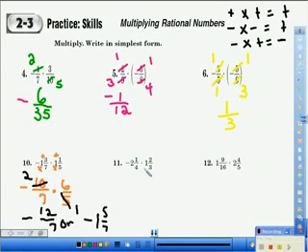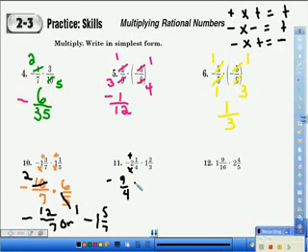We see here we have mixed numbers. We say you must change them to improper fractions. And we see that's negative, so it would remain negative. 4 times 2 is 8, plus 1 will give us 9 over our denominator, which is 4.